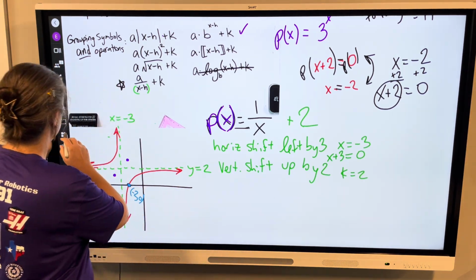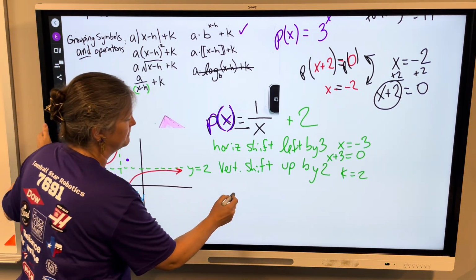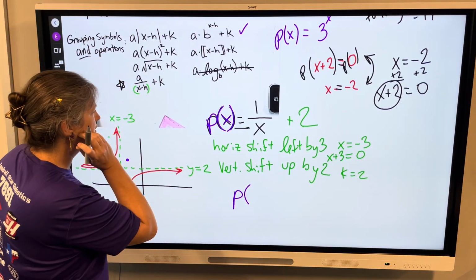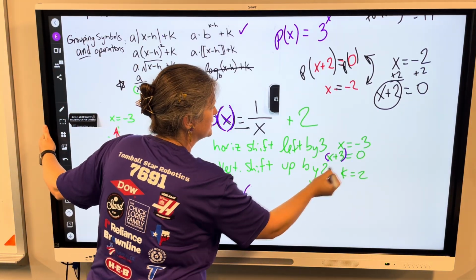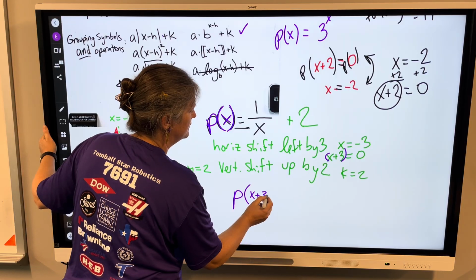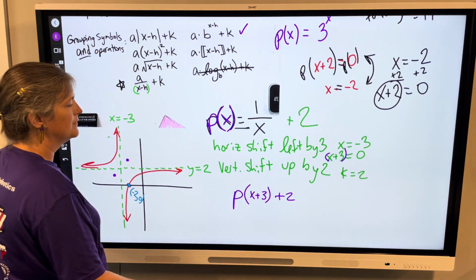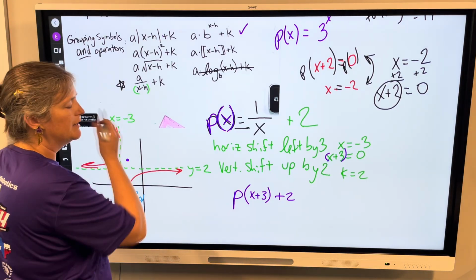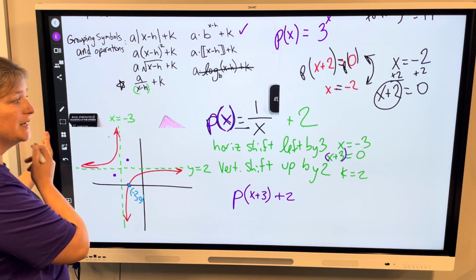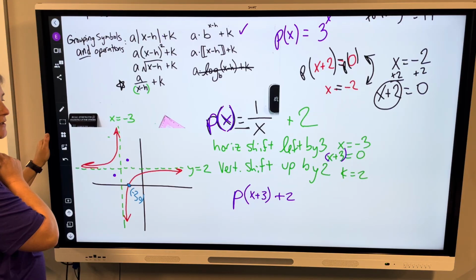So I'm starting to see this. If I think about my parent and I want to transform it, I'm going to throw this x plus 3 into here, and I'm going to add 2 to it. Now I got to think about what other transformations might be here.